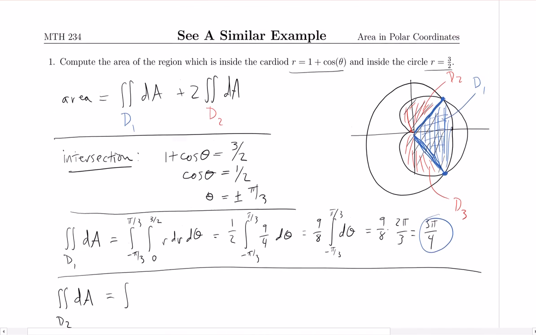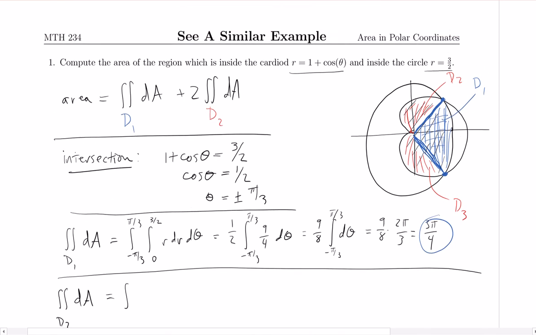So we divided the red region into two pieces, D2 and D3. If we did the entire red region as one piece instead of two, theta would go from pi over 3 around counterclockwise to here, which negative pi over 3 is the same thing as 5 pi over 3.